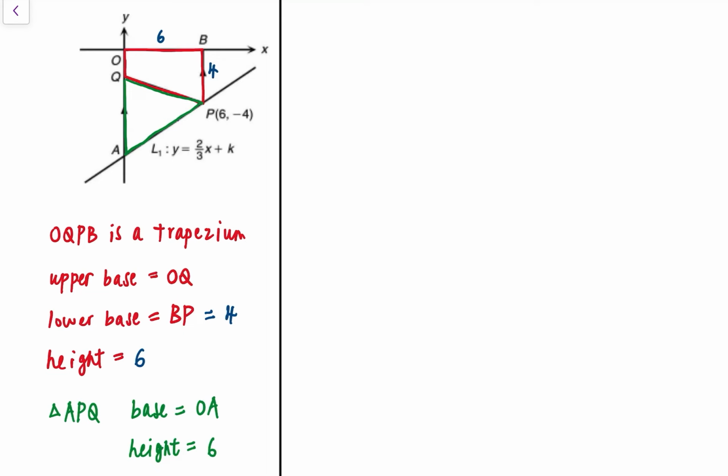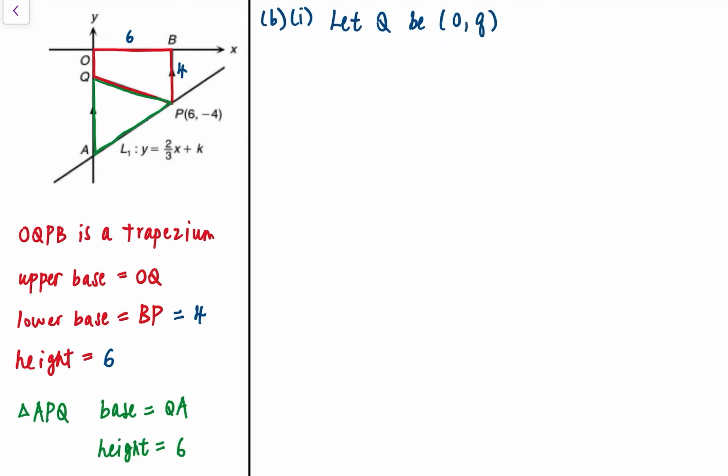For triangle APQ, which I have highlighted green in color, its base is QA and the height is 6. Since Q is a point on the y-axis, I'm going to let the coordinates of Q be (0, q).